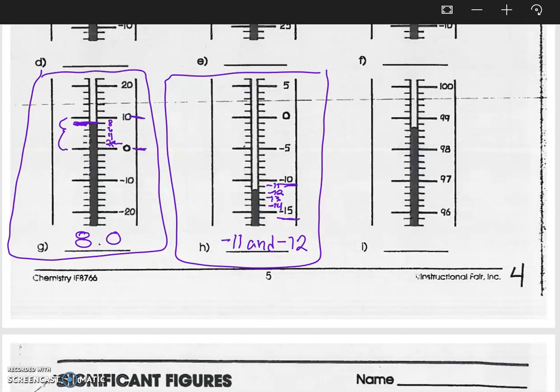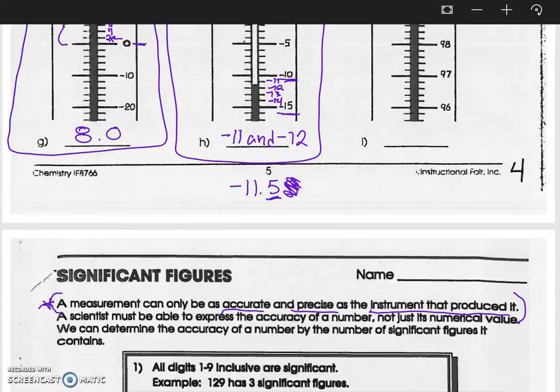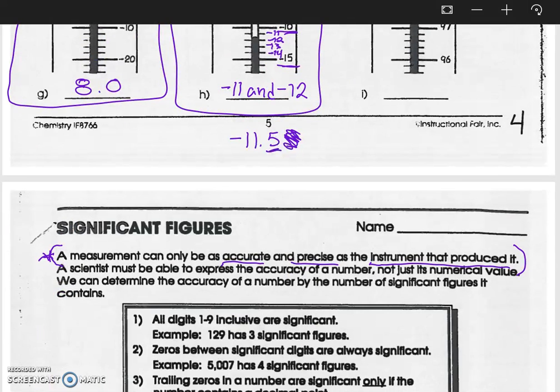So since there's not a mark in between there, I can't say that the temperature is -11.55 because I don't even know if this first 5 is right, let alone this second 5. So that's where significant figures comes into play. Where this says a measurement can only be as accurate and precise as the instrument that produces it is exactly what this means up here.